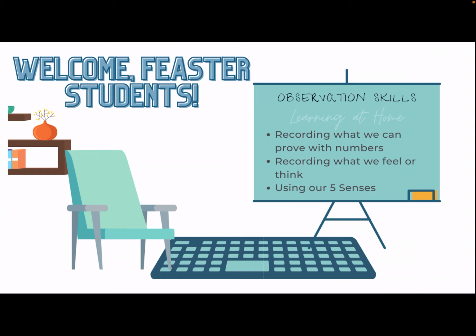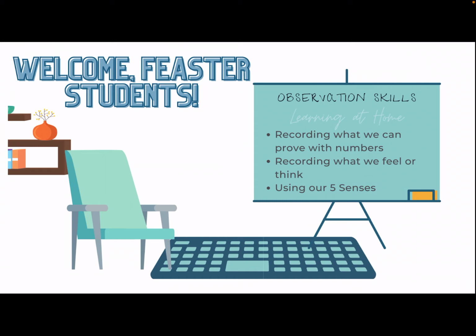So when we observe, we can categorize our observations two different ways. One way is quantitatively. If you're listening to that word, quantitative, say it with me one more time, quantitative. If we're looking at something quantitatively, we have that root word quantity. When we think of quantity, we think of numbers or values.